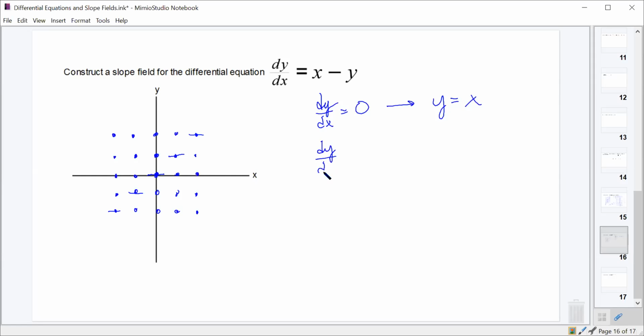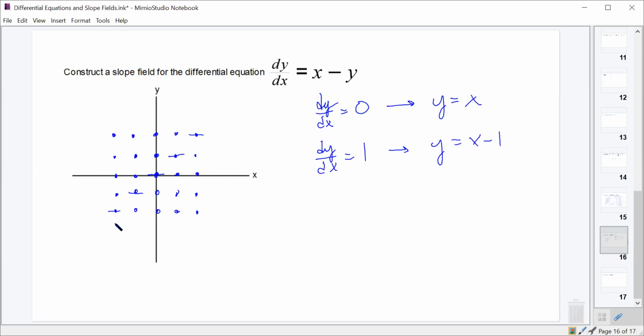All right. What about when dy dx equals 1? What does y equal? X minus 1. If x minus y equals 1, bring the y over and subtract the 1.